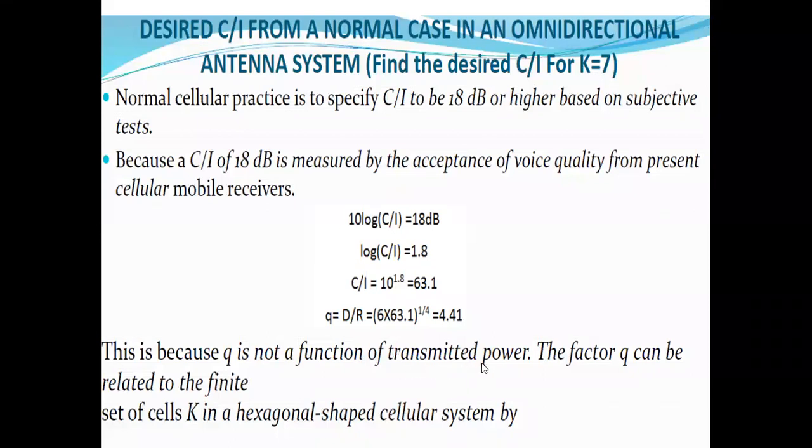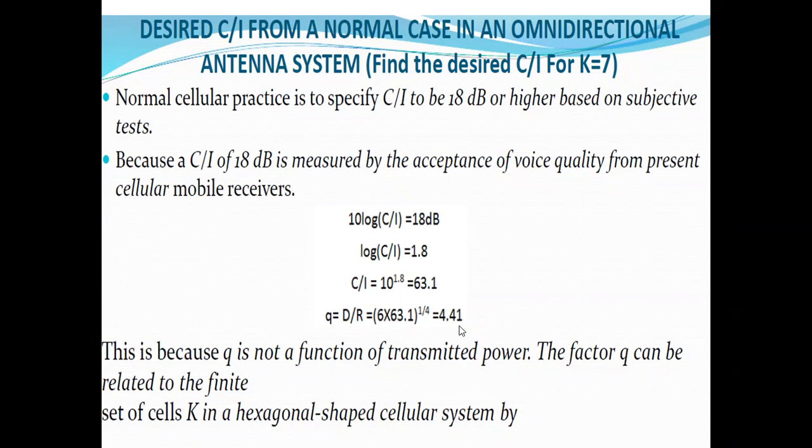So we came to know that Q is not actually a function of transmitted power. Our Q factor can be related to the final set of cells, which are K cells in the hexagonal shape.